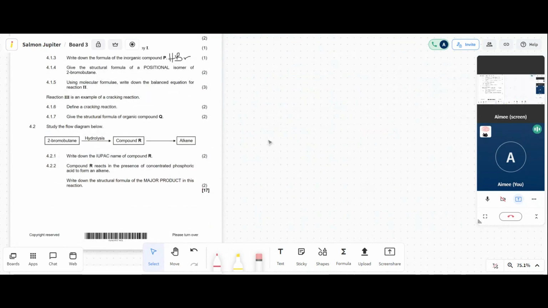So now we have a look at: study the flow diagram below. 4.2.1, write down the IUPAC name of compound R. You're starting with a haloalkane, and your haloalkane is undergoing hydrolysis, which means that water is being added.